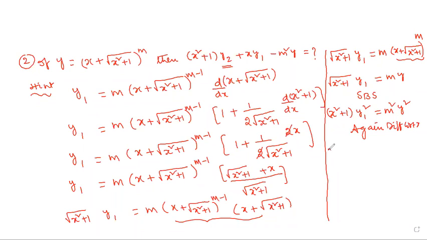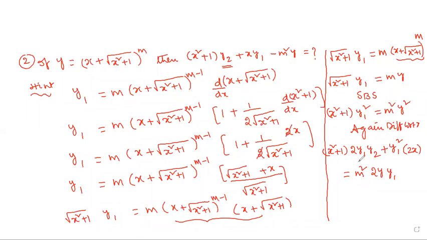Right, u into v formula. First one silent, second one derivative is 2y1, y1 derivative is y2; second one silent, y1 square. X square plus 1 derivative is 2x. M square is the coefficient, y square derivative is 2y, y follows the x rules, that is y1.